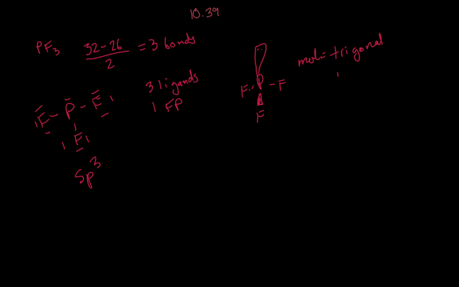No, not planar, pyramidal. Good grief. Okay, that's the molecular one. The electronic one includes this lone pair up top, so that is going to be tetrahedral. So we got tetrahedral for the electronic and trigonal pyramidal for the molecular, right, with the sp3 hybridization.